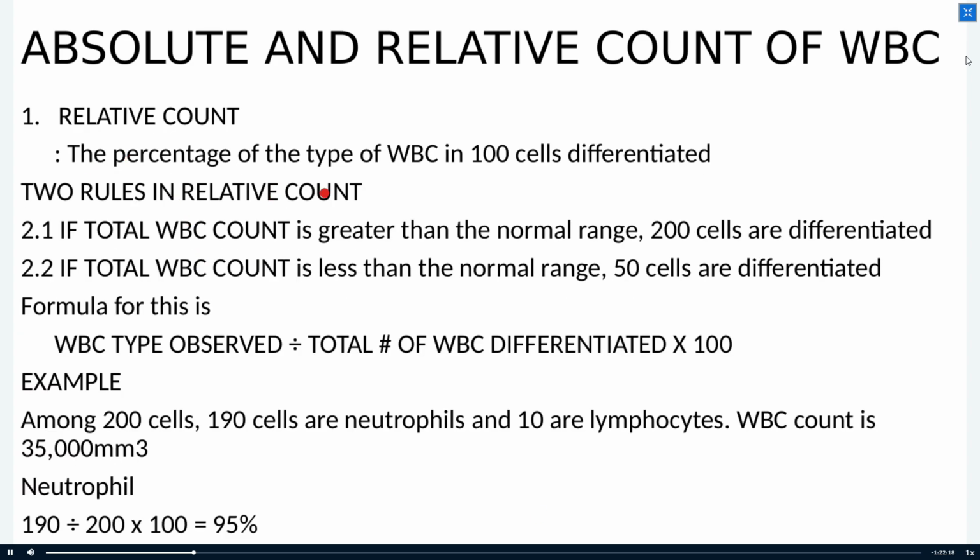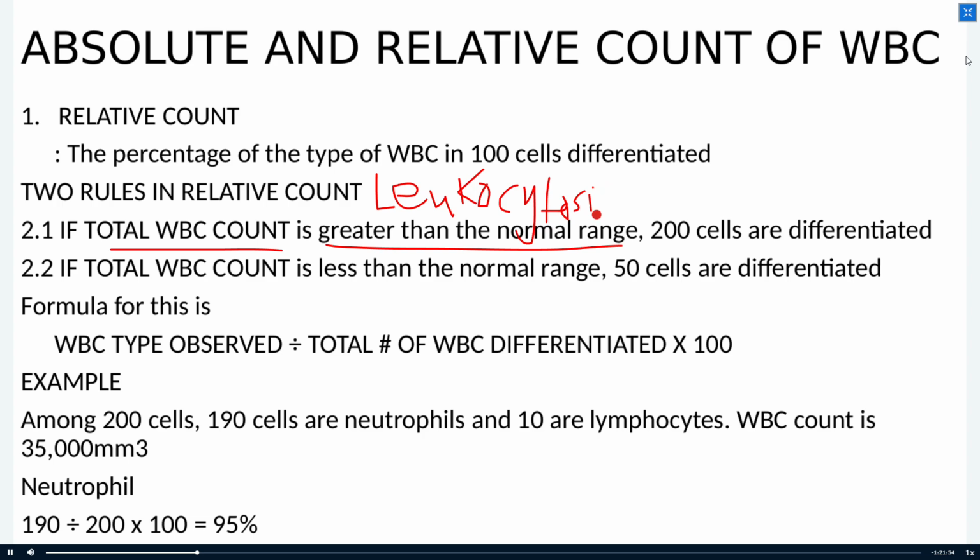Next one, class. Another rule for your relative count is if there is an increase or decrease in your total WBC count. Now, if there is an increase in total WBC count, greater than normal, you have your so-called leukocytosis.